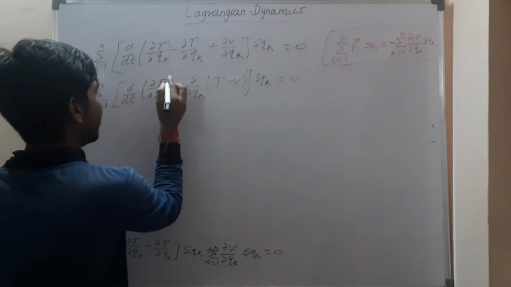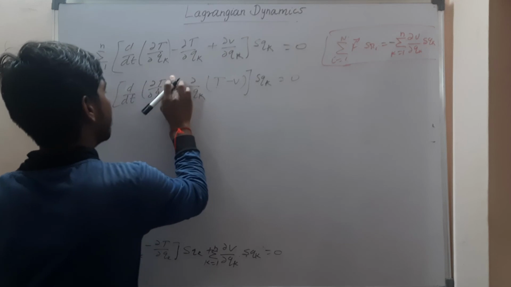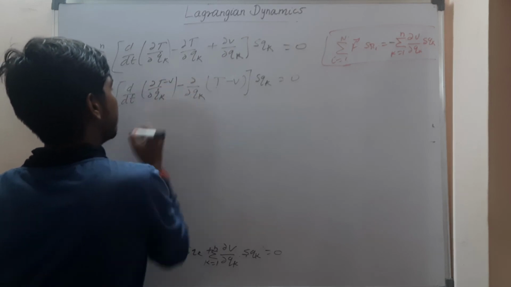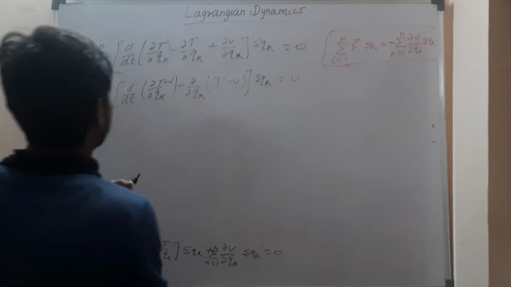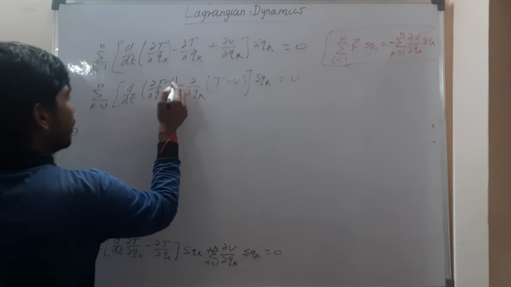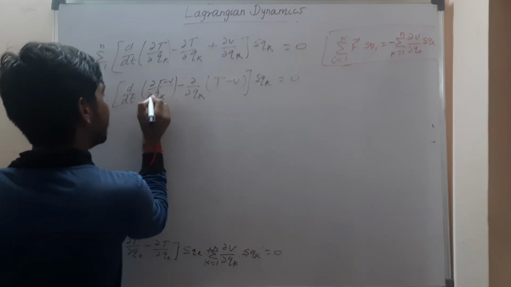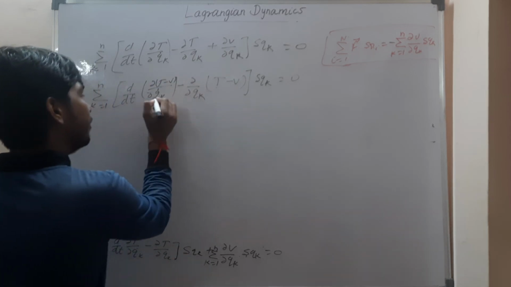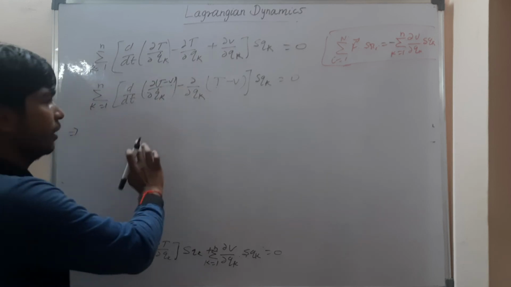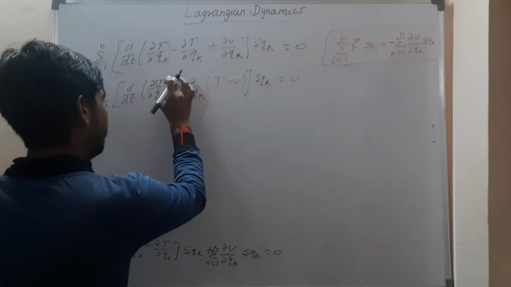So what can I do? I can write plus V or minus V. By writing plus or minus V, nothing would change, because if I differentiate T minus V with respect to q dot, T will be differentiable, but V will be constant with respect to q dot. So it will be 0 again.